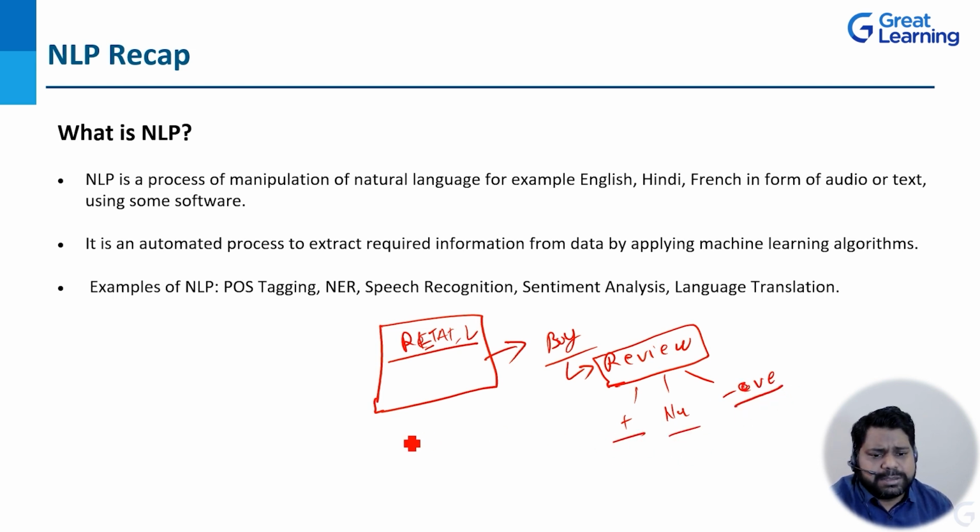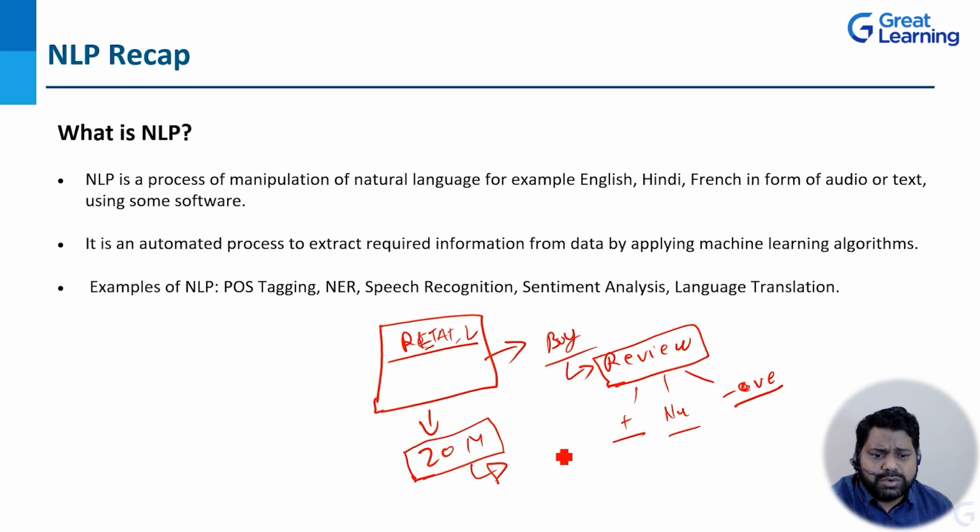Let's suppose your retail organization on average gets around 20 million reviews in a month. Will you hire people and ask them to go through them one by one? No, it's a very difficult task, as well as time consuming. It's also a monetary burden for the organization.